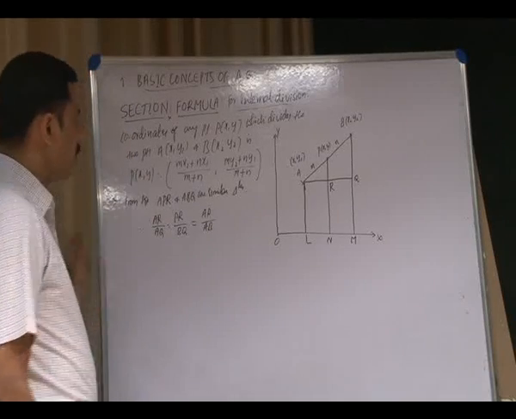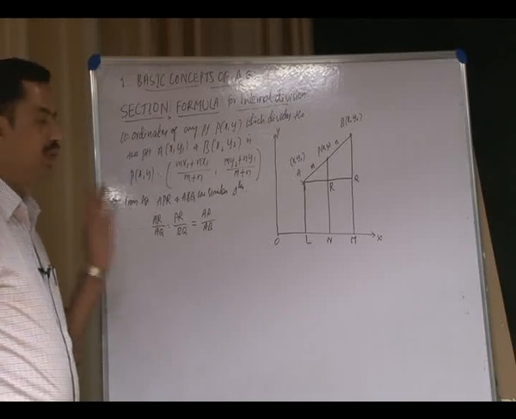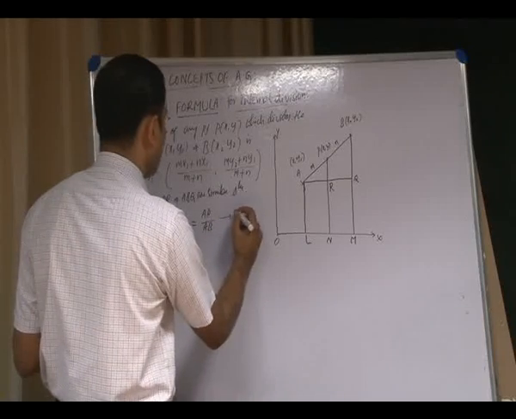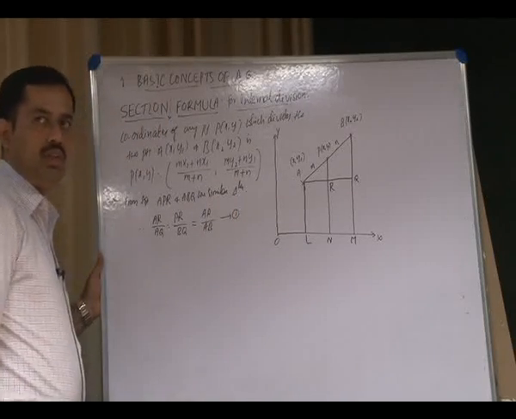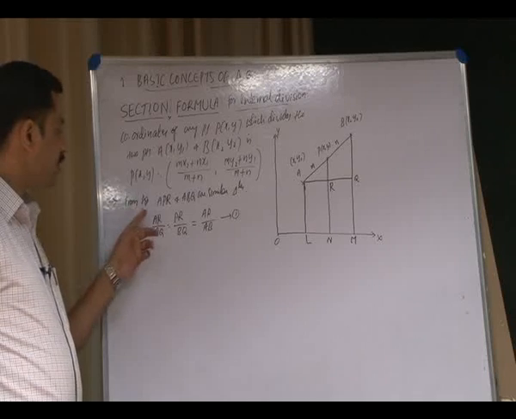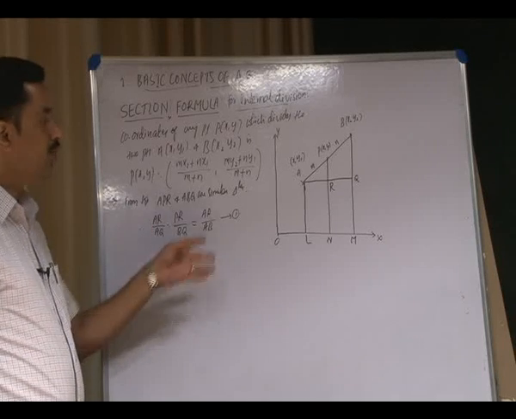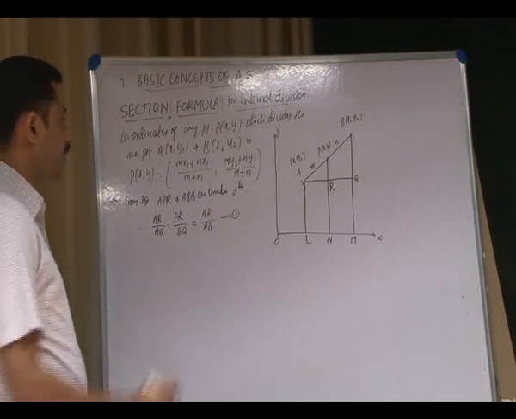Since these two are similar triangles, you can write this equation. I will consider this equation as equation 1. In this equation I am going to express these distances in terms of coordinates. For that I will use the figure.